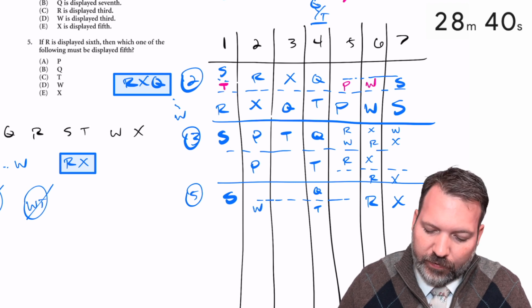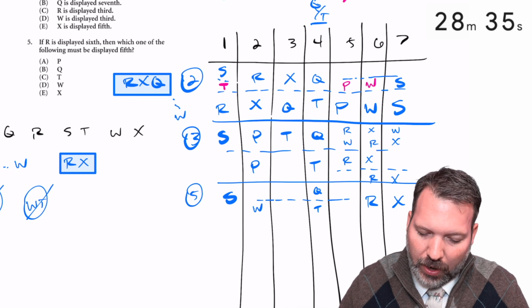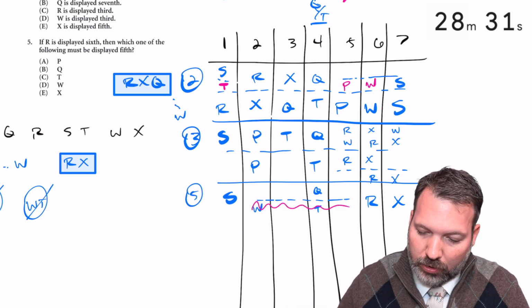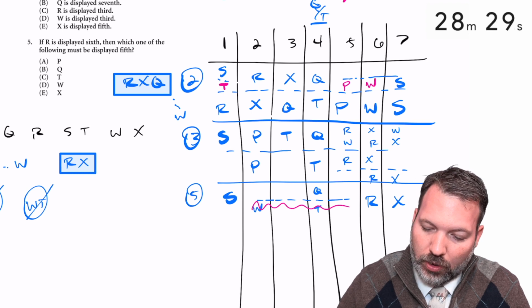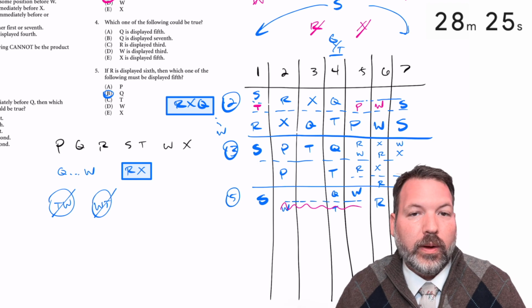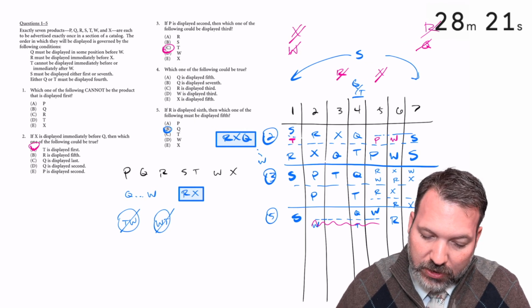If it's T going 4th, though, W would have to be spaced away from T, and that's a problem because W is supposed to follow Q. So actually that can't work. Q has to be 4th, which means W has to follow in slot 5, and that's what the question asked, right? What must be displayed 5th? Answer choice B.